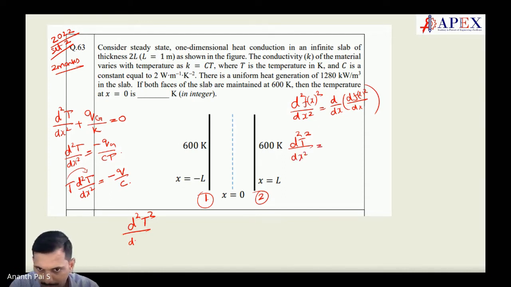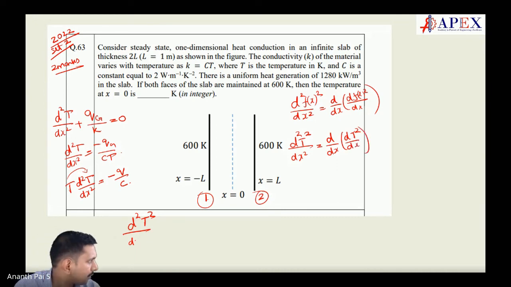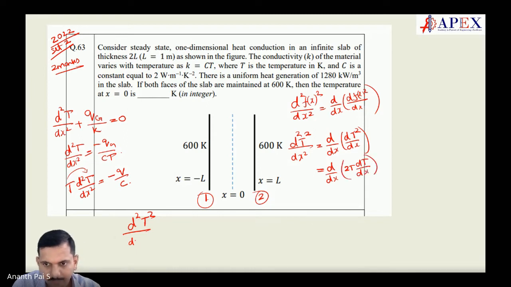So this one will come as d of dx of dt square by dx. Correct. So this you are correct. This will become d of dx of 2t dt by dx. That is nothing but 2 times d of dt by dx plus 2t d square t by dx square, right?